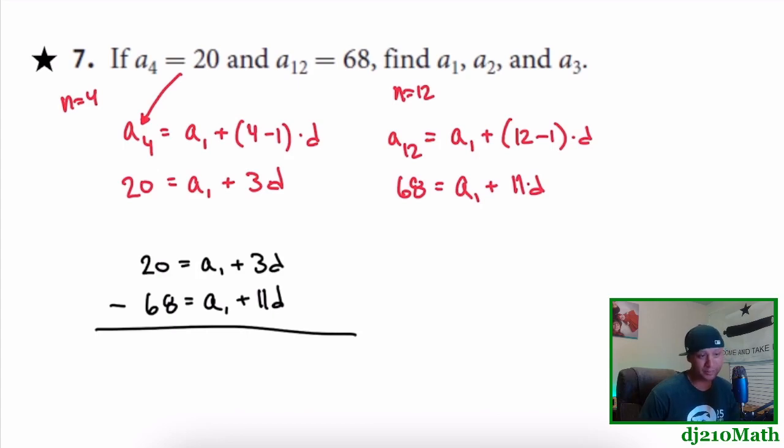If you think back to when we did matrices and linear equations, a system of linear equations. There's a couple different ways. I could substitute, or I could just subtract these. I like subtracting. So 20 minus 68 would be negative 48.